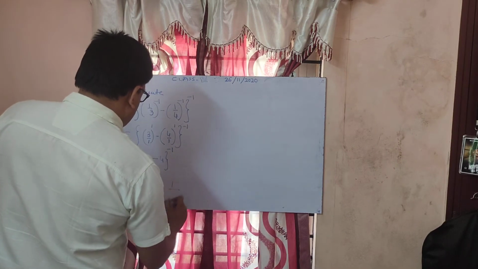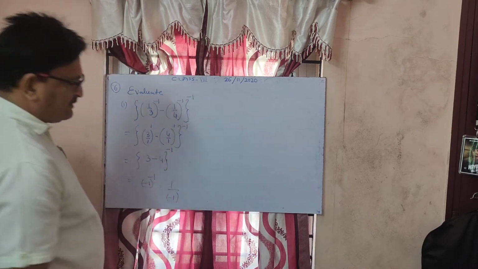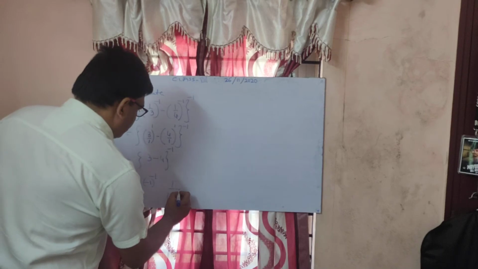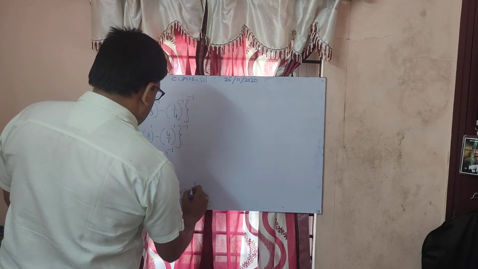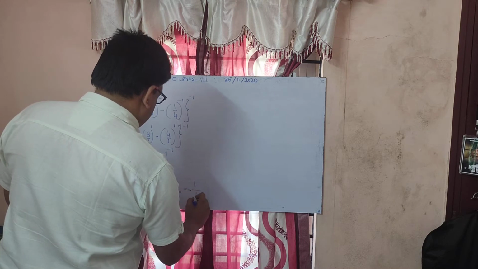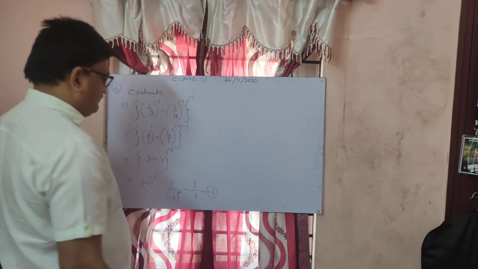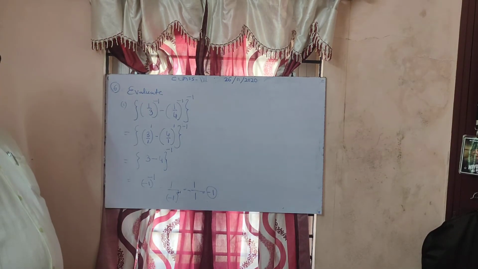So 1 upon minus 1. Now the power becomes plus. See, you can write even plus 1. So now 1 upon, this minus will come here, 1. So 1 upon 1 is 1 only. That is minus 1 only.